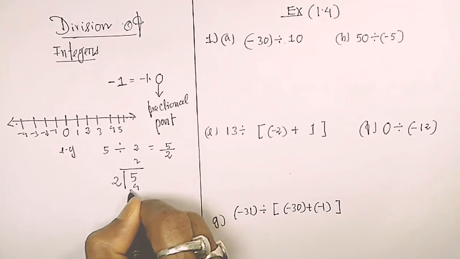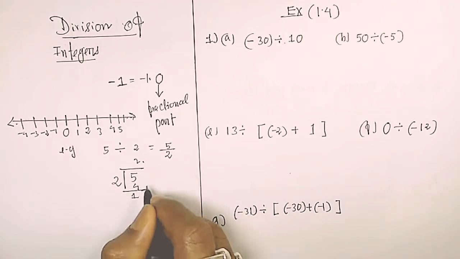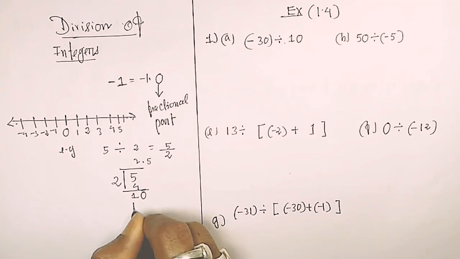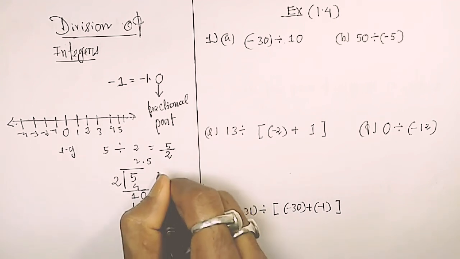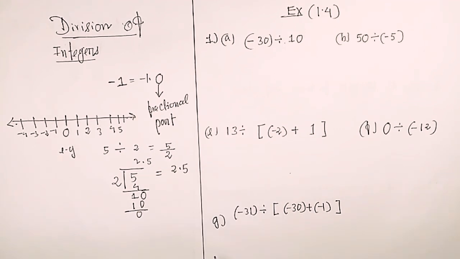So 2 2s are 4, 1 carry, decimal point is 0, 5 2s are 10. So 5 by 2 means 2.5.